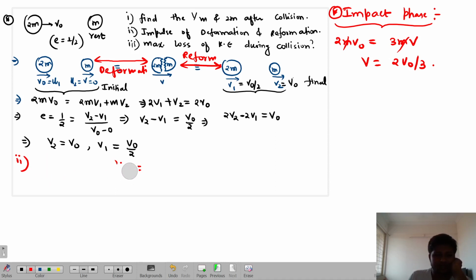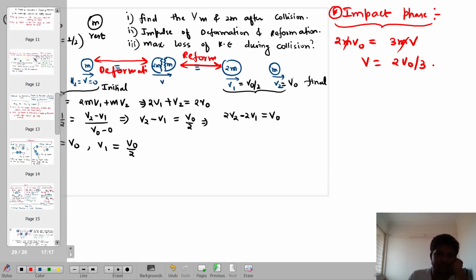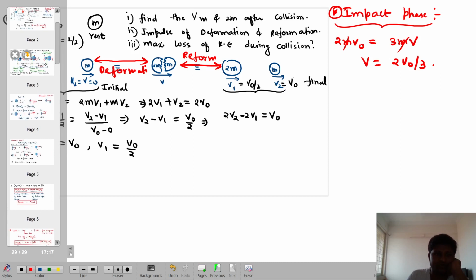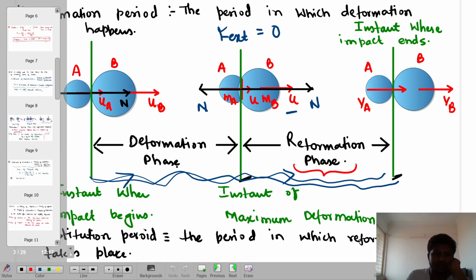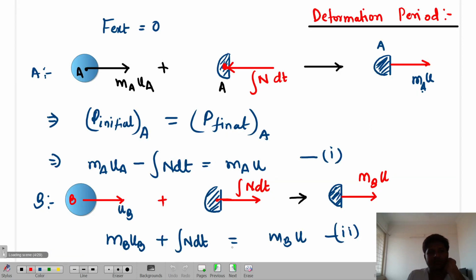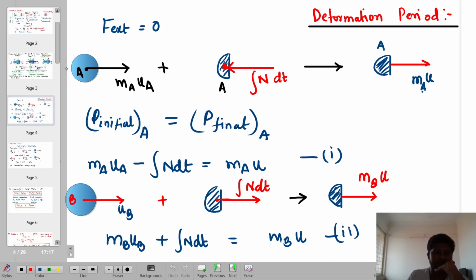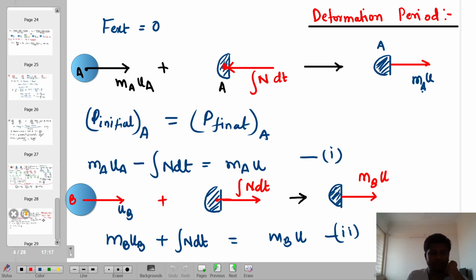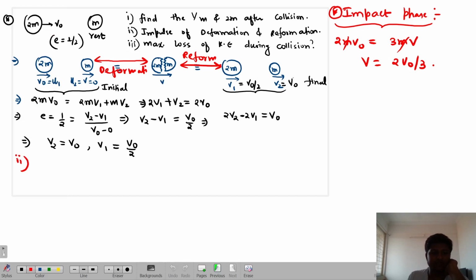First of all, we should understand that particular concept of deformation. You look over there, when I taught about impulse of deformation and reformation, we used to always take only one mass, no? We used to write the equation of only one mass, isn't it? So here also, remember that momentum is for the system, but impulse of reformation or deformation is only for one mass.